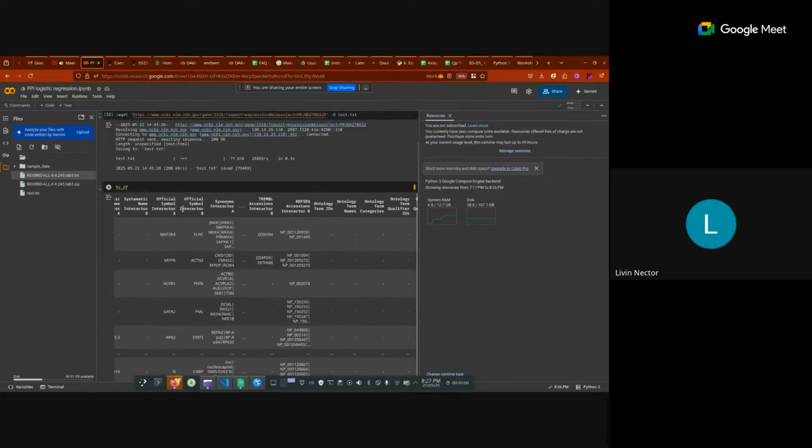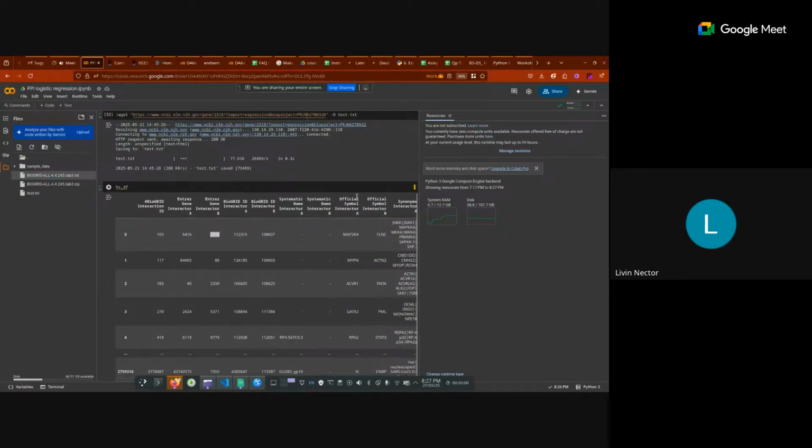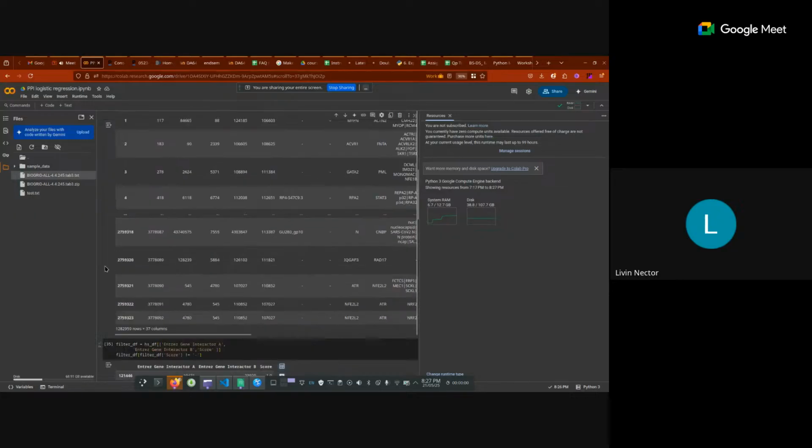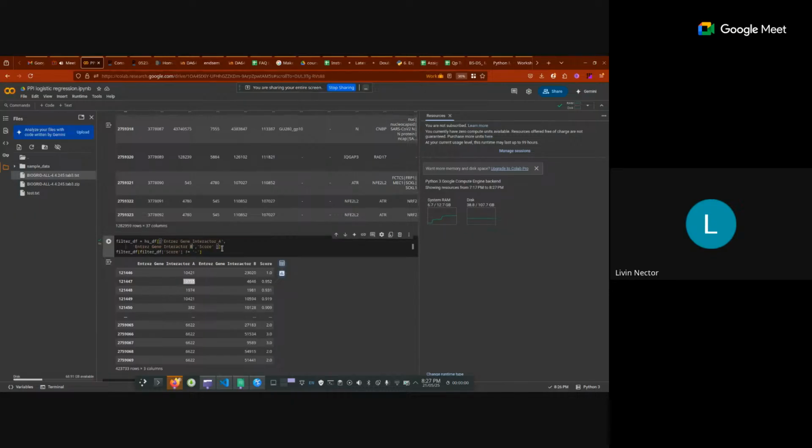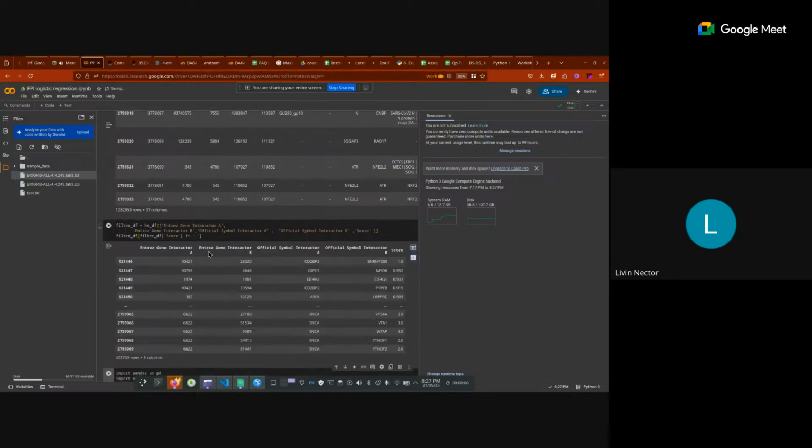Let's also take this one, the official symbol, for these two genes. This will help us confirm whether they are a particular gene or not. Let's take this ID.